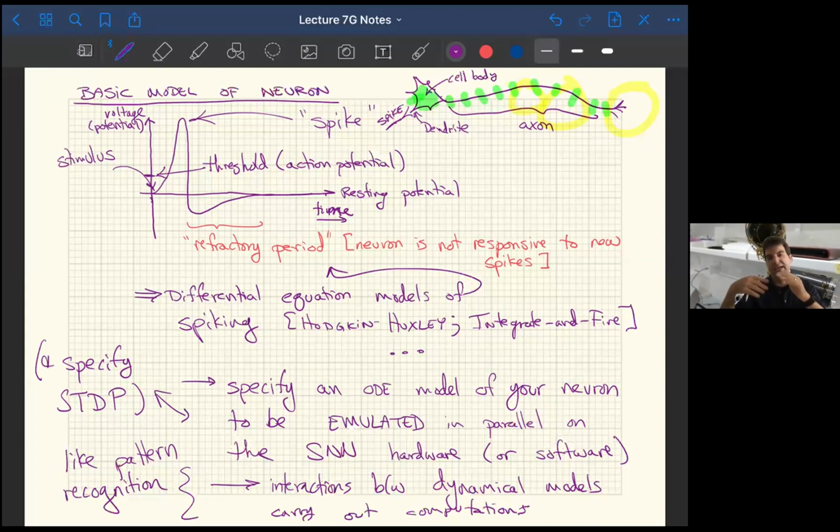You could say this neuron is next to this neuron, and I am going to simulate that they are very close together and one neuron is very sensitive to another, which means when I get a spike in one neuron, I am going to simulate a stimulus of a particular height in the other neuron. And only when enough stimuli come together to create a large enough spike am I going to cross the action potential of that neuron to cause it to spike as well. And you can make those weights, how sensitive one neuron is to another, update using spike timing dependent plasticity.